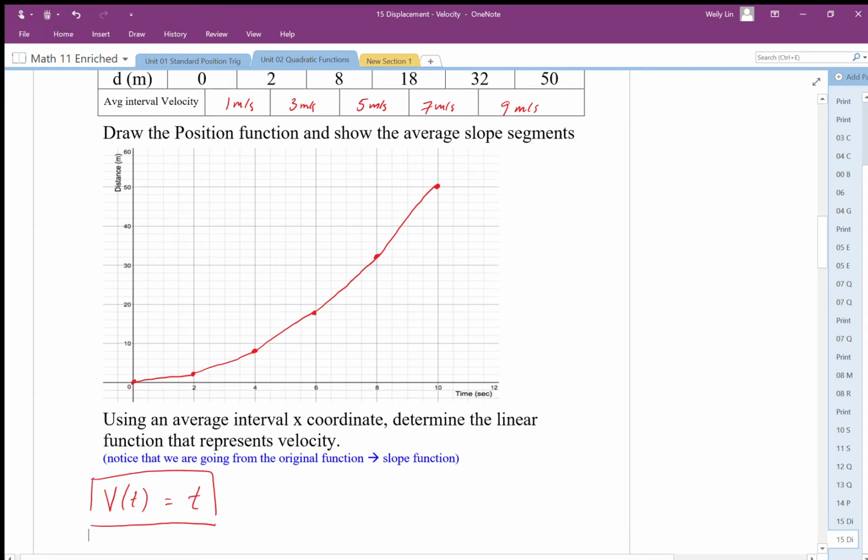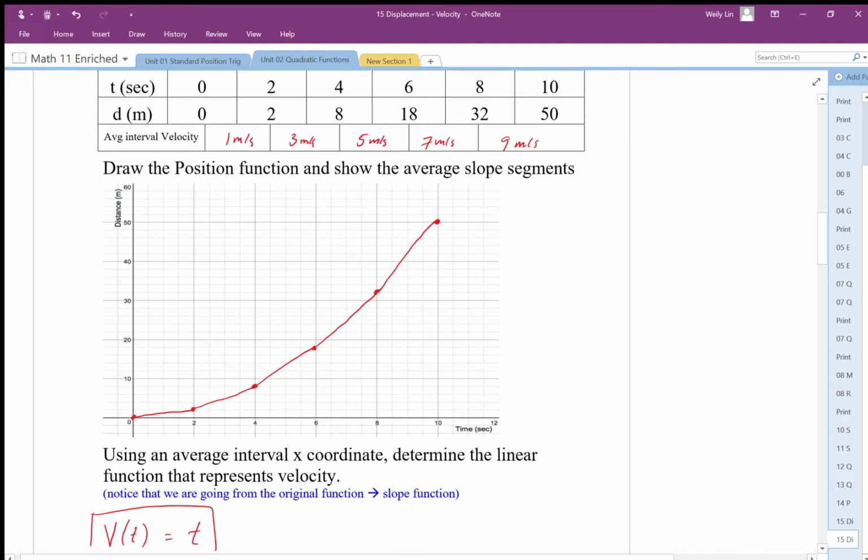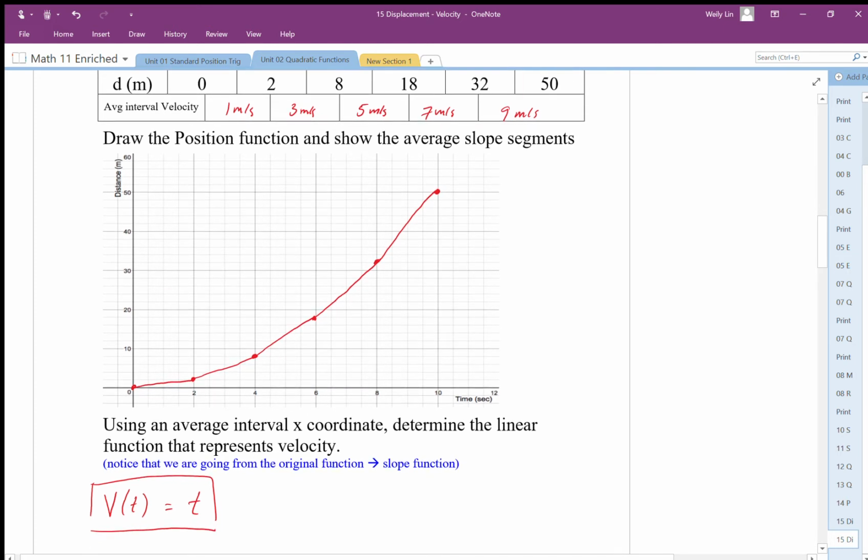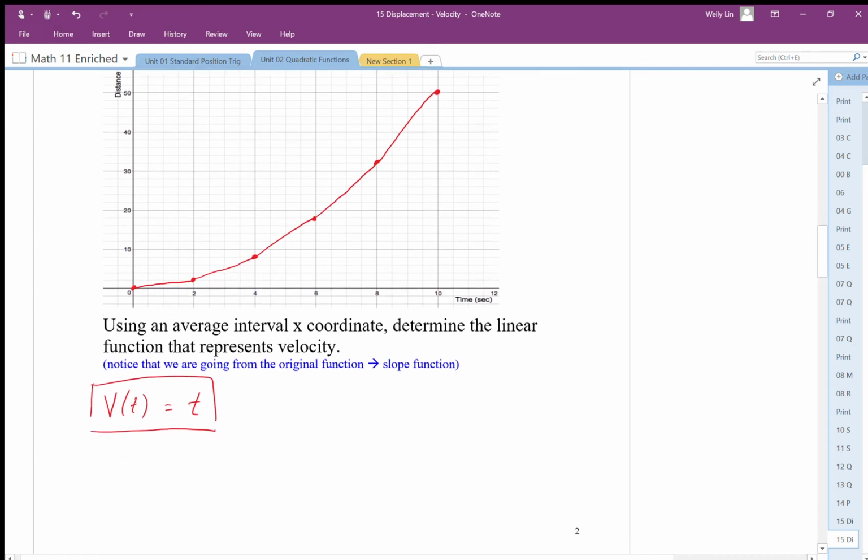It's not evident at all, but there is a relationship that we're trying to exploit: these quadratic type graphs end up with linear type changes, or rates of change. In this case, our rate of change is our velocity function.